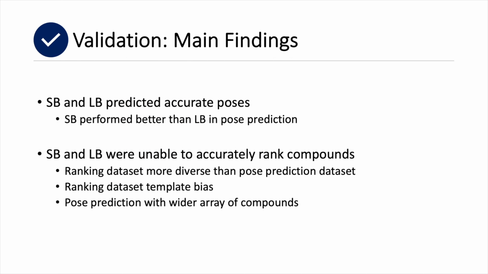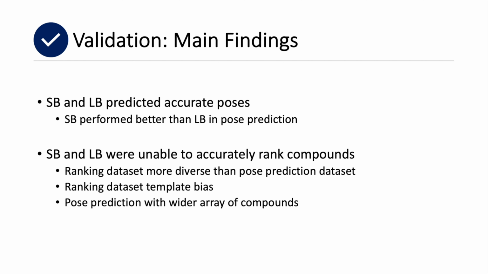To summarize, results from this stage suggest that both SB and LB achieved accurate pose prediction, but overall, SB performed better. Interestingly, both SB and LB were unable to accurately rank compounds. These results are unexpected because good pose prediction should confer accurate ranking.